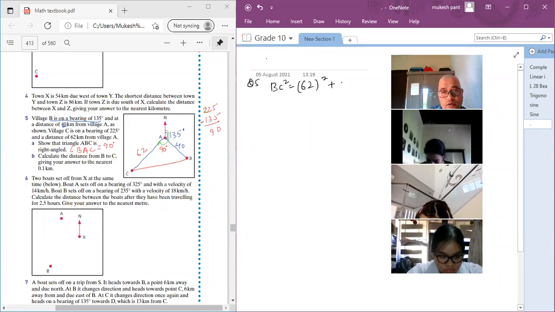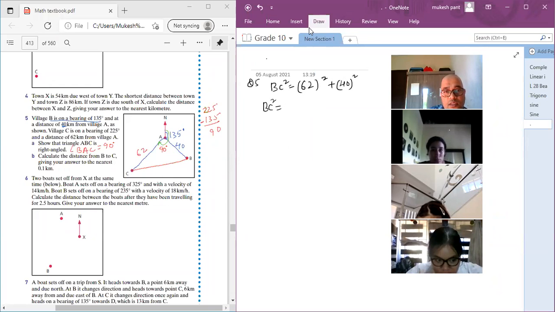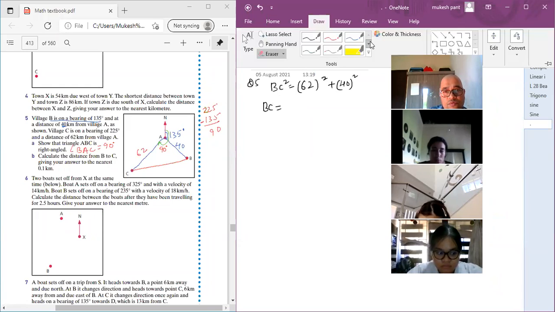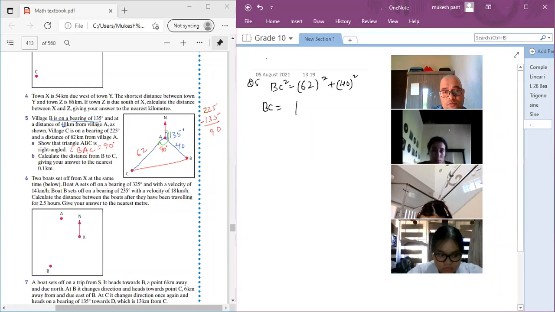So when you have to find BC, you just square them, add their squares, and then find the square root. Have you done it? Can you tell me what total we are getting here?